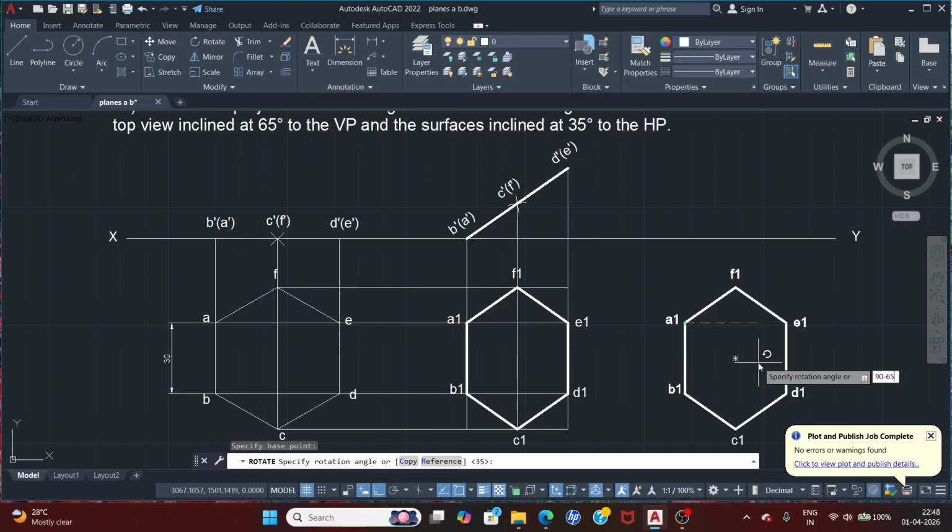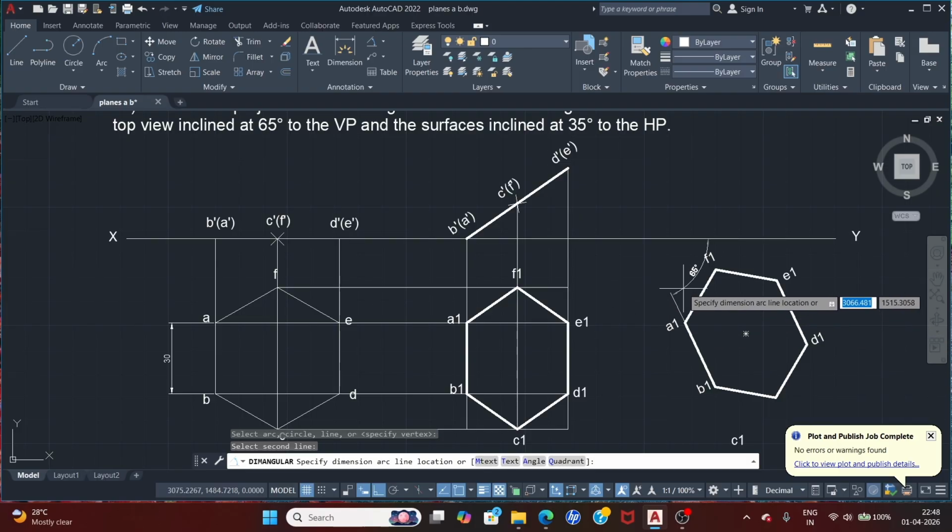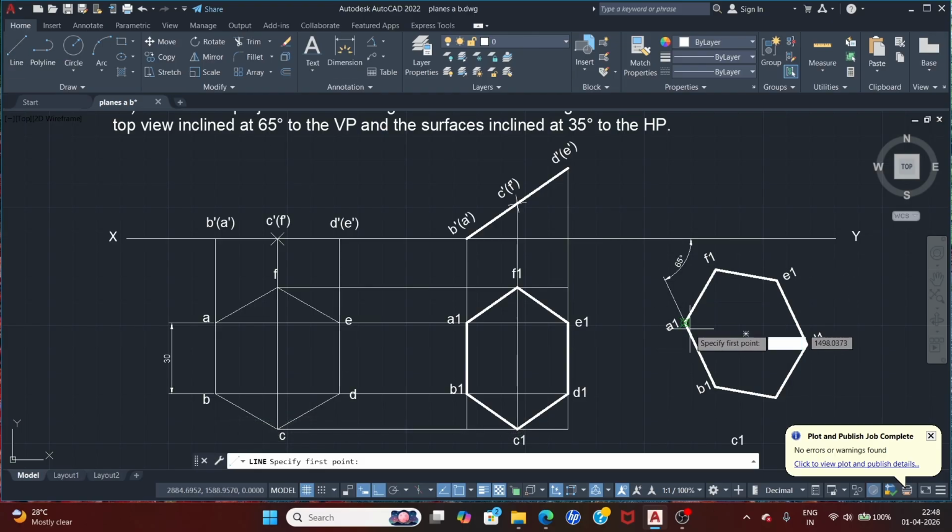So you have to note down those two differences, line rotation and compressed drawing rotation. So here 90 minus angle, 90 minus 65, it is 25, like this. So now draw the projections with respect to A1, B1 like this.